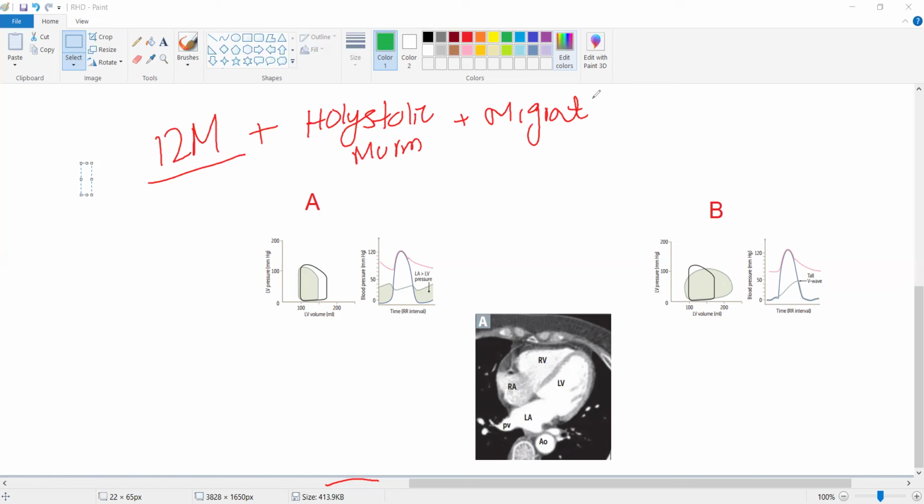What will you expect in the pressure volume loop of that child? A or B?